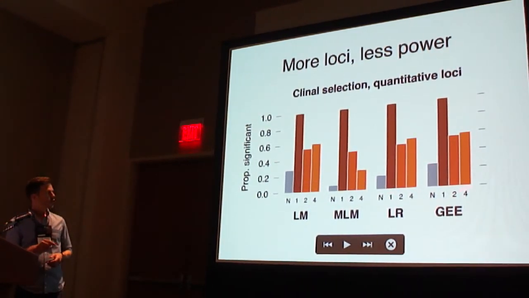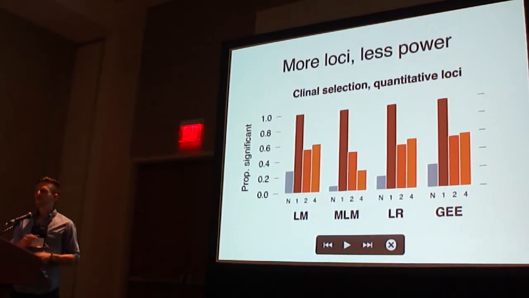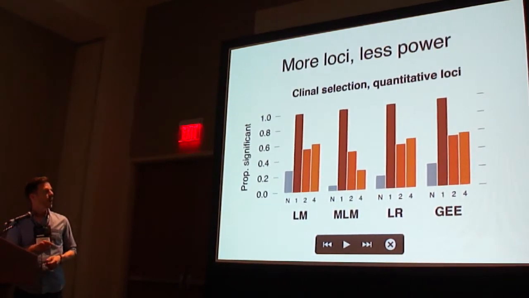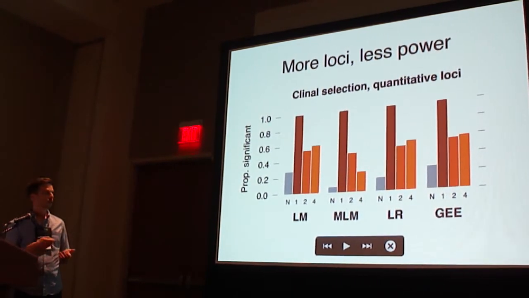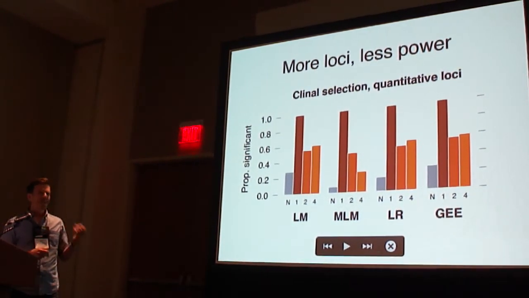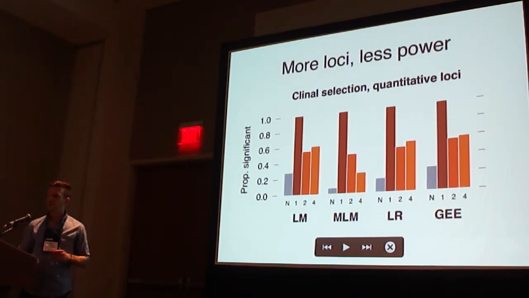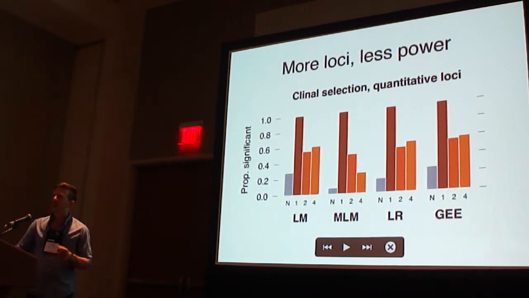And the logistic regression and the GEEs are actually more similar than I would expect. The controls provided in the GEE framework, at least for this case, don't seem to be avoiding false positives.